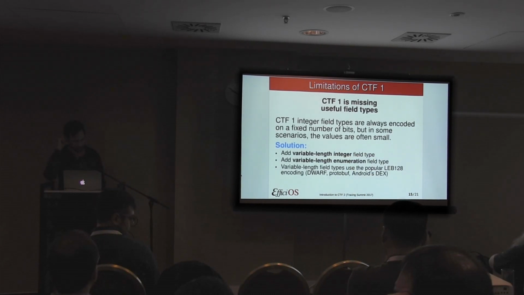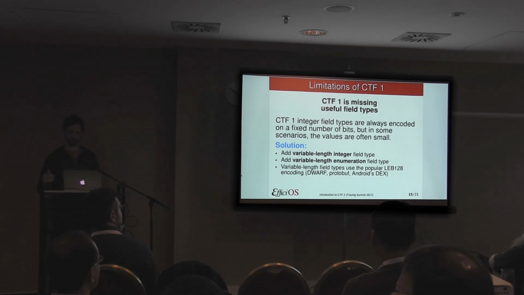And finally, CTF1 is currently missing a few useful field types, which would make our lives easier. One of them being that all the integer field types and the enumeration field types have a fixed number of bits for their size.